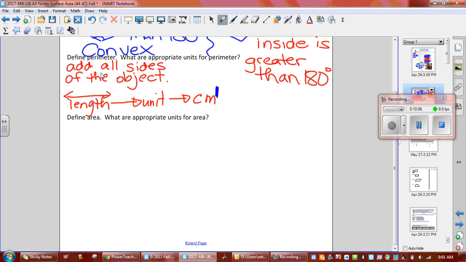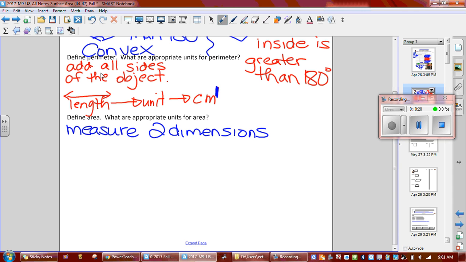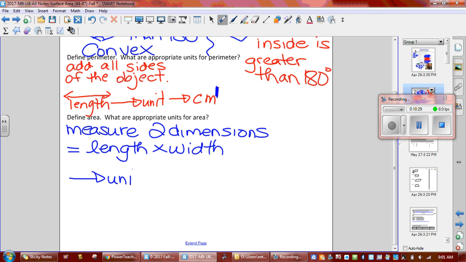So we measure 2 dimensions, which is usually length times width, which is going to give us our units. Typically they are in centimeters, and they're going to be squared. The reason they're going to be squared is because it's 2 dimensions.